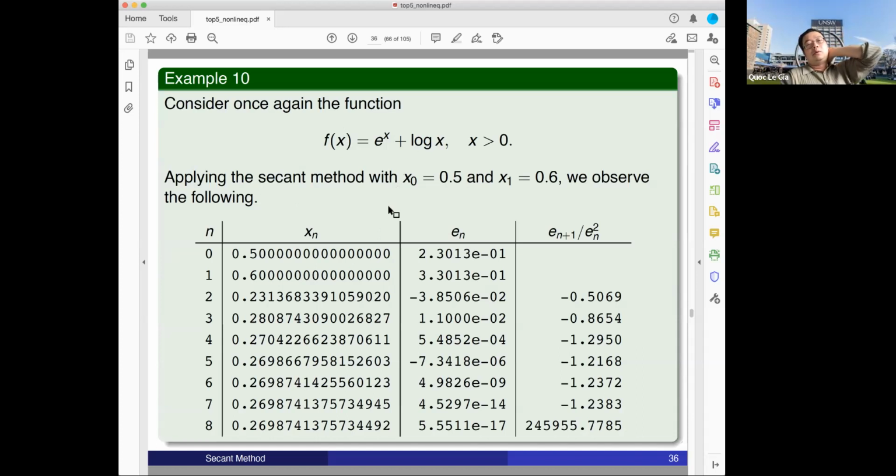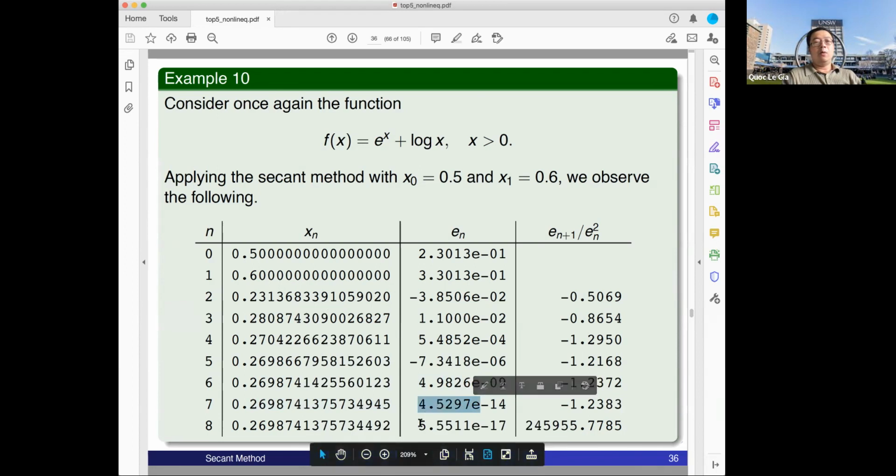If you apply the secant method, you get 8 iterations before the error is smaller than epsilon. Before, you had only 6 or 7 iterations for the error to be less than epsilon. But here it takes 1 or 2 more iterations.